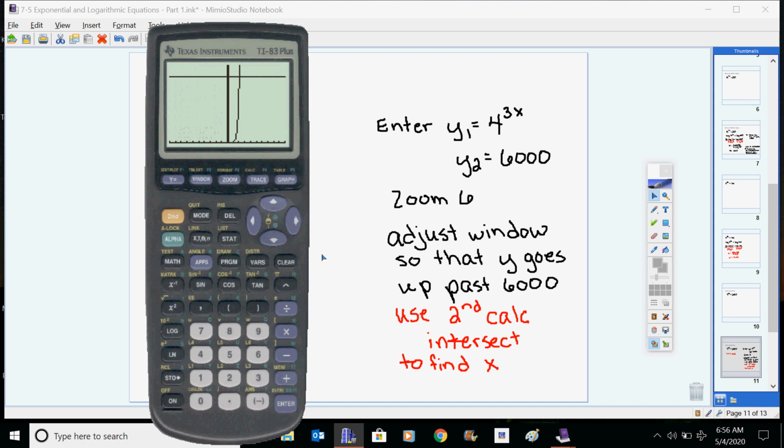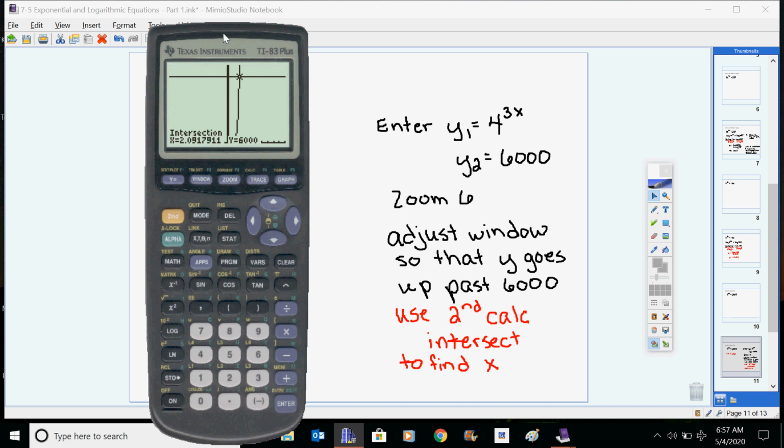And then I can calculate the intersection. So I need to go second, trace, which is the calc. I want to go down to intersection. This is the one that goes first curve, enter. It goes to the second curve, I hit enter. And then they want you to guess where the intersection is. So we move it close to where the intersection is, and hit enter.